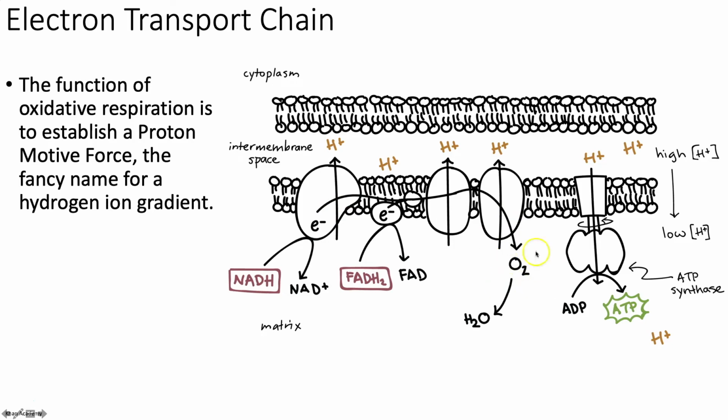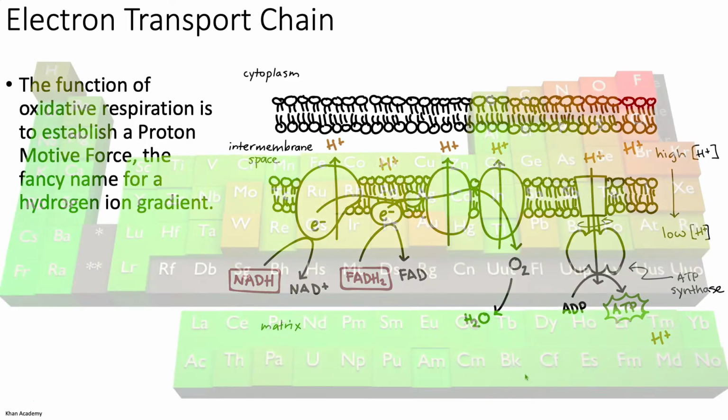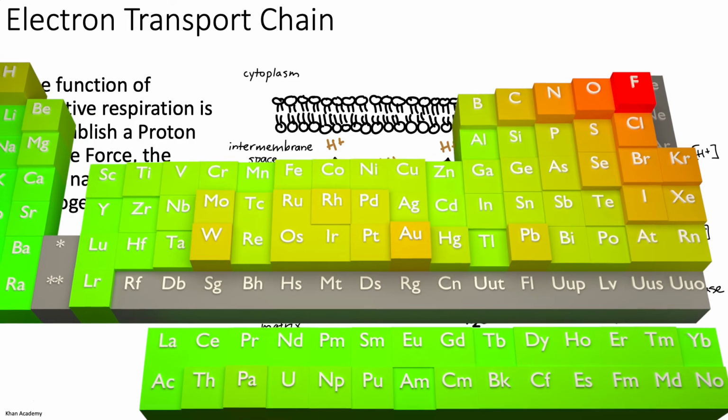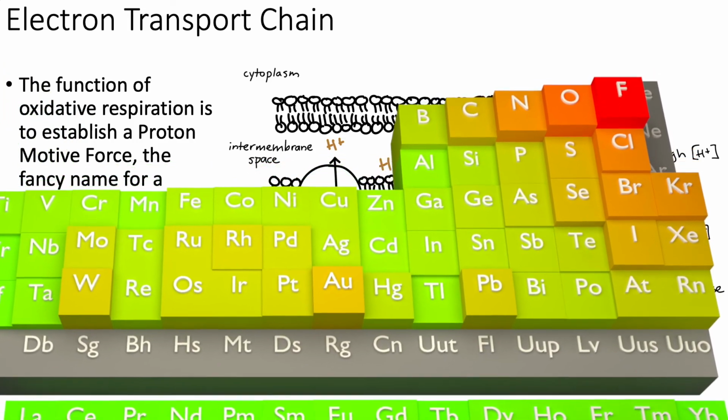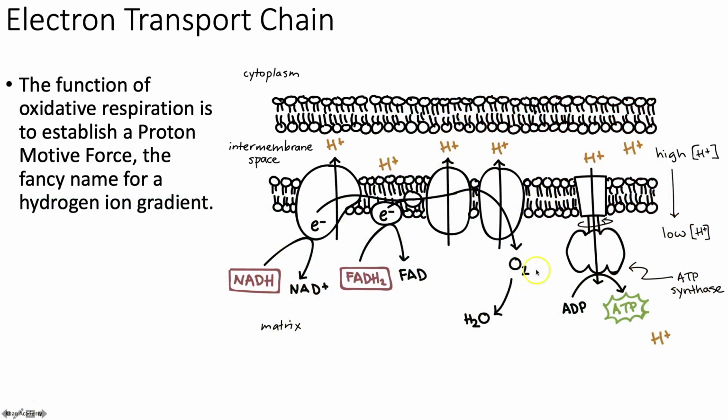Oxygen is amazing at grabbing onto electrons. We talked about this very early on in this course, that oxygen is almost the most electronegative atom that exists. Fluorine is technically more electronegative, but oxygen is the second most electronegative atom. This is why it acts as such an awesome terminal electron acceptor, because oxygen is super electronegative, which means it really likes electrons.